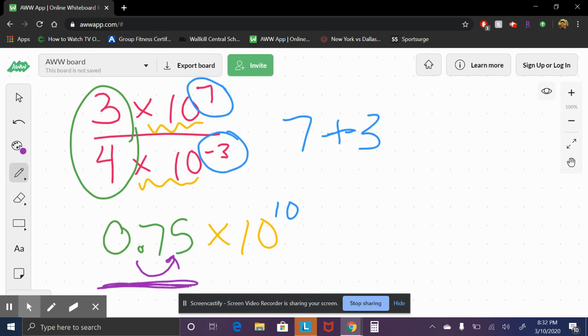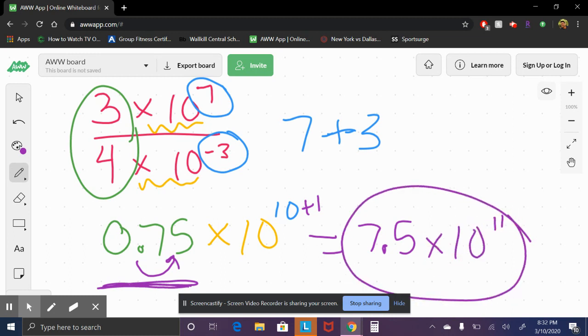So if this number gets smaller by 1 decimal spot, the exponent has to become bigger by 1 to balance out. So my final answer would be 7.5 times 10 to the 11th power. Whenever I make this number smaller, the exponent has to get bigger, depending on how many decimal spots you move. Let's look at another example of that.